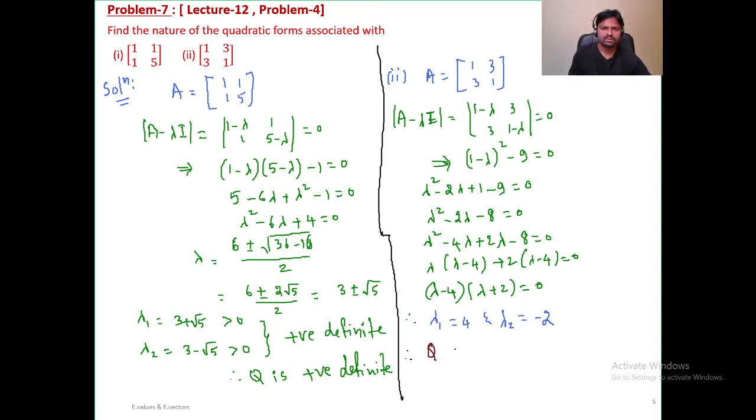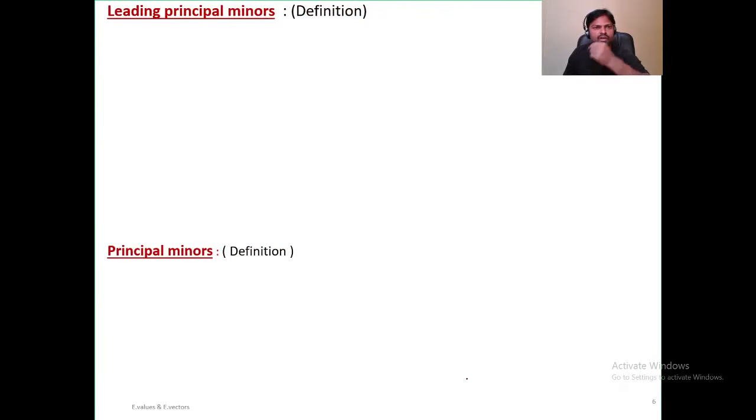Q is indefinite, right? Indefinite, the last statement in the theorem. So like this we can classify the quadratic forms associated with the respective matrices.